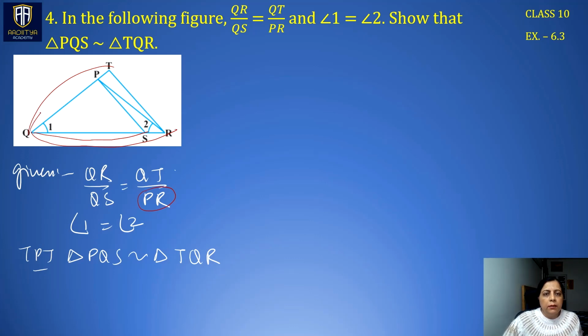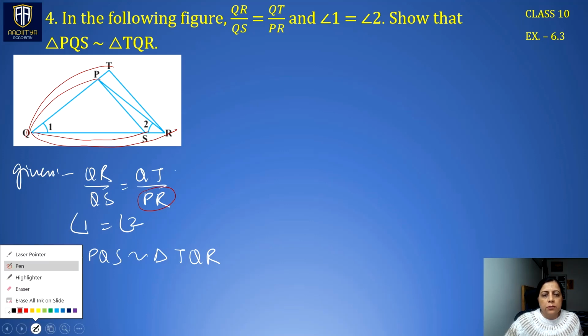Instead, if it had been QP, we would have gotten the proper triangles. So that is what we have to look for, right? QR upon QS is here, and QT upon PR is given, and angle 1 is equal to angle 2. So we have to look for similarity in these conditions.